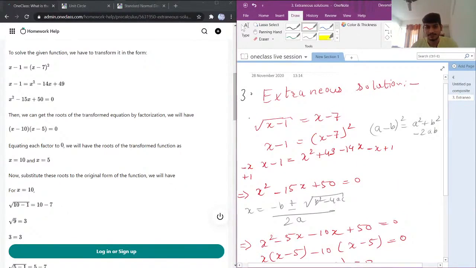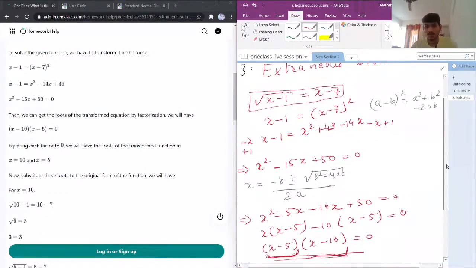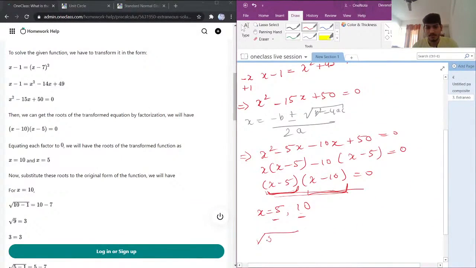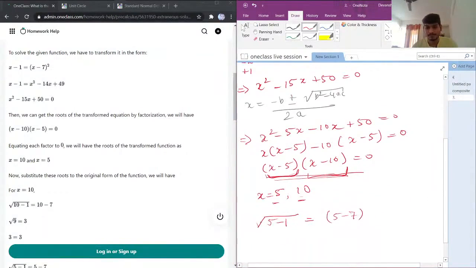The square root of 5 minus 1 equals 5 minus 7. 5 minus 1 is 4, and the square root of 4 is 2, while the right side is minus 2.